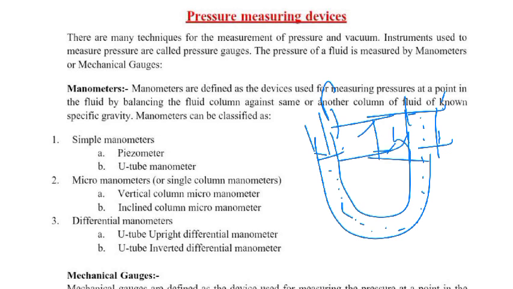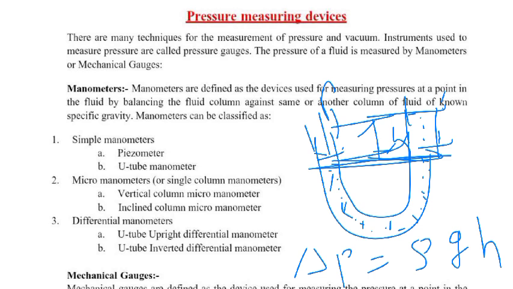Then we can calculate delta P equal to rho g h. Rho is the density of the liquid, and g is 9.8 meters per second squared. h is this height. After applying the pressure here, the liquid moves upward, so the level increases.